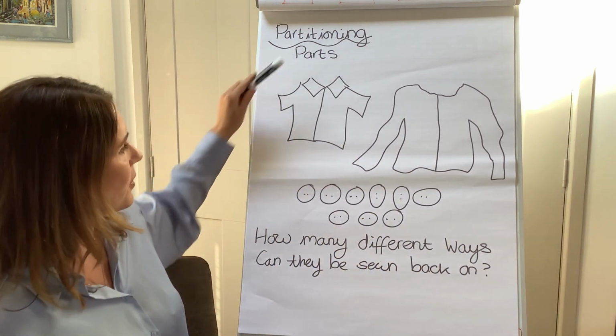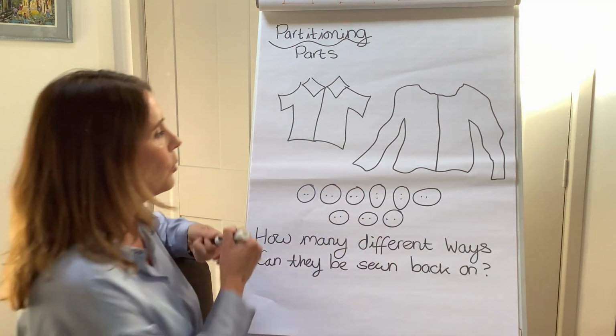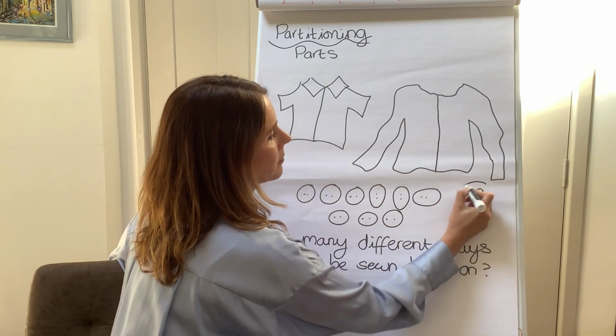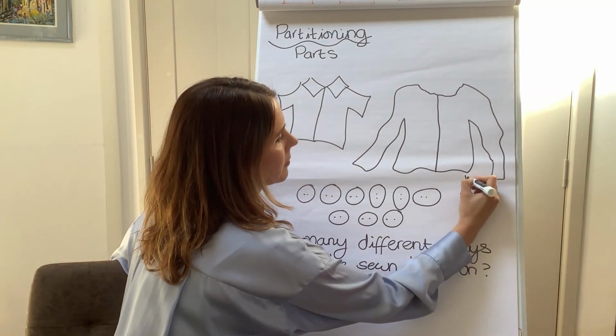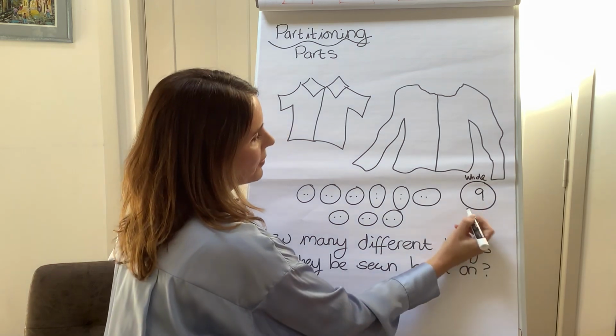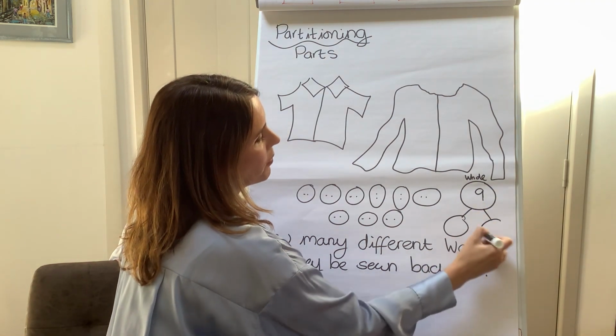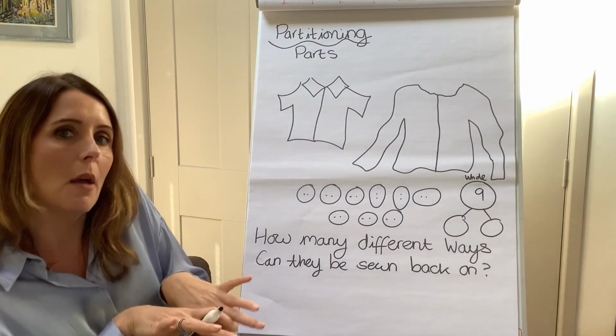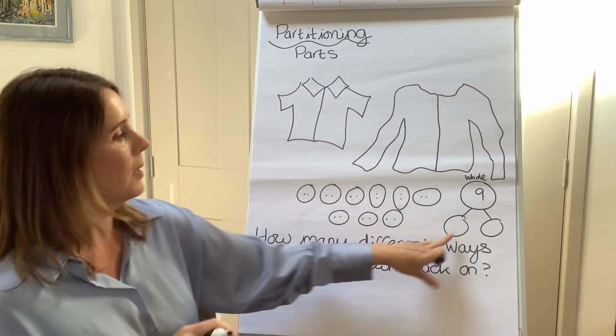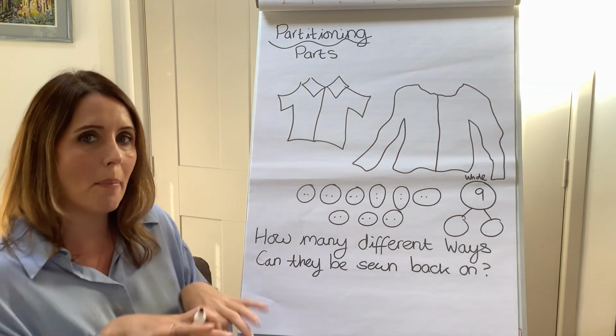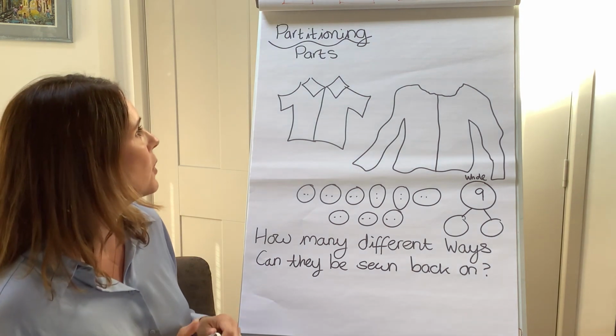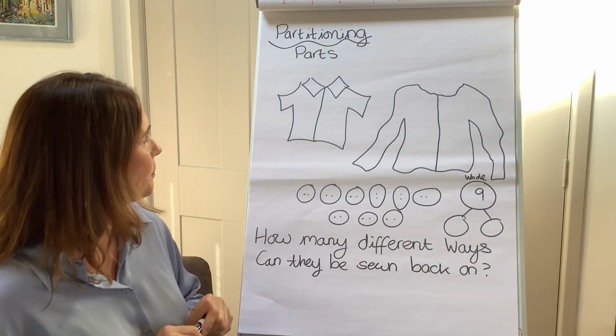So you're going to have to find 9 is the whole. You're going to have to think of how many different ways you can part them, break them into 2 parts. And we call that partitioning, where we can break the number into different parts.